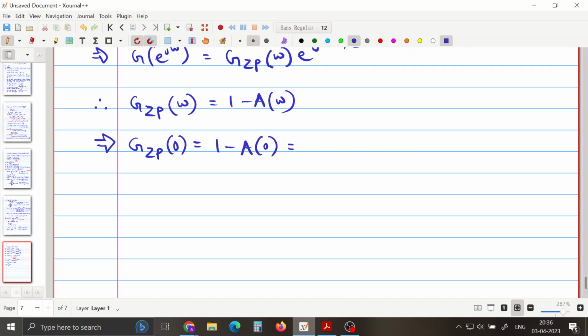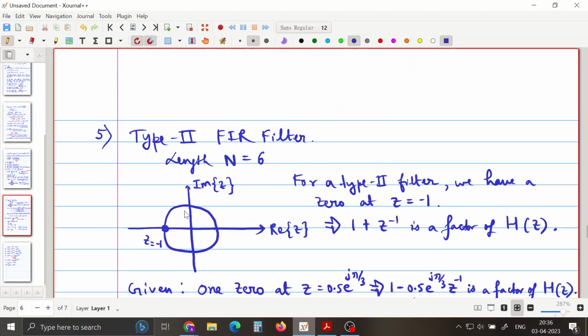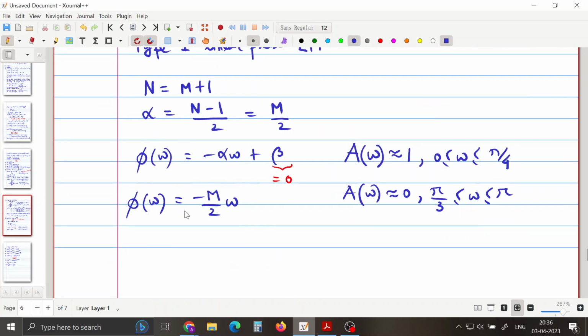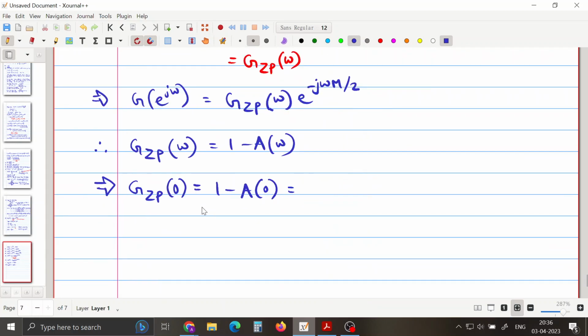Now a of 0, you go back, what was a of 0? See, a of omega was 1 when omega is between 0 to pi by 4. So definitely a of 0 would be 1. So this is 1 minus 1, which is 0.